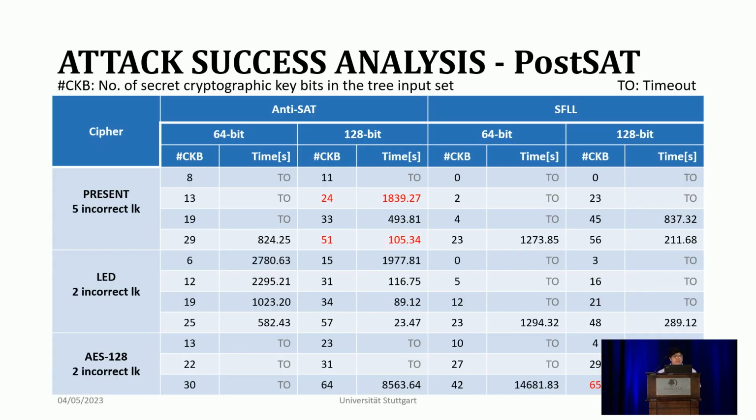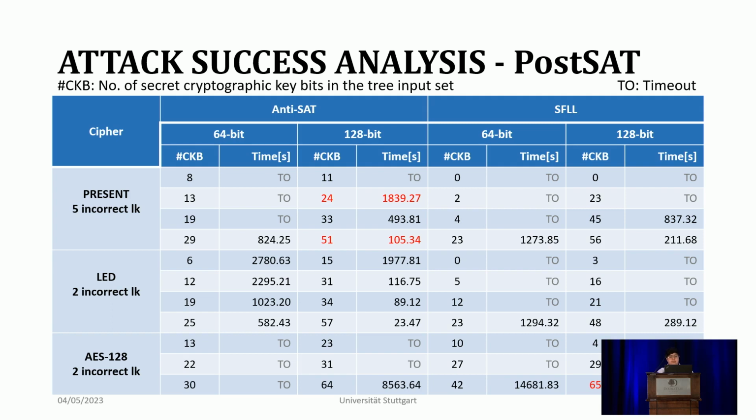In order to see the influence of this tree input set, we picked specifically locked circuits with different numbers of cryptographic key bits in the tree input set for the logic locking block, and observed that the circuits become more vulnerable and easier to attack with a larger number of cryptographic key bits in this tree input set.